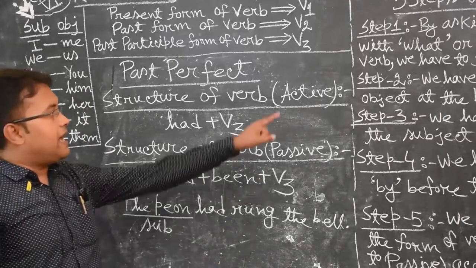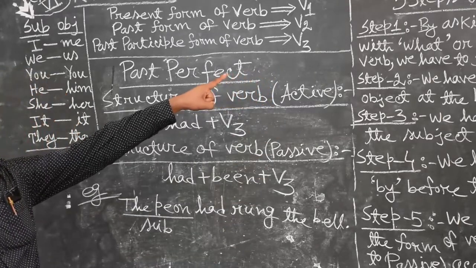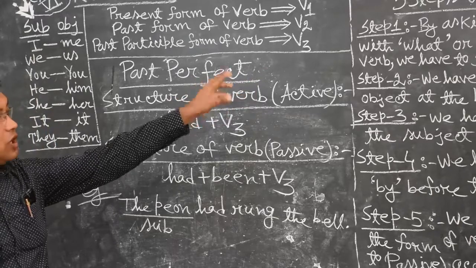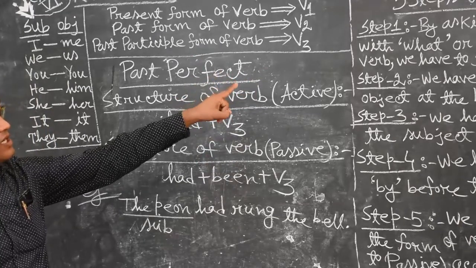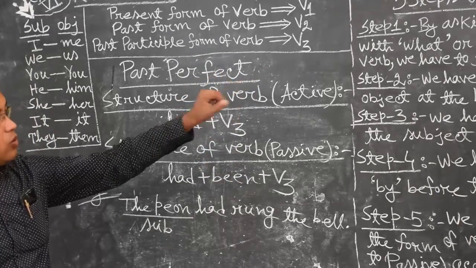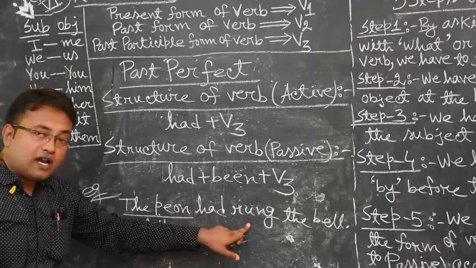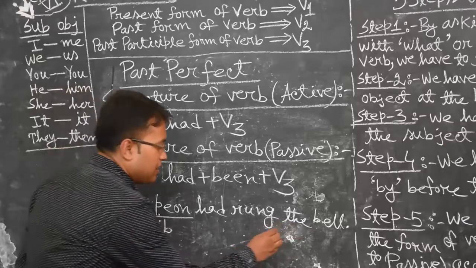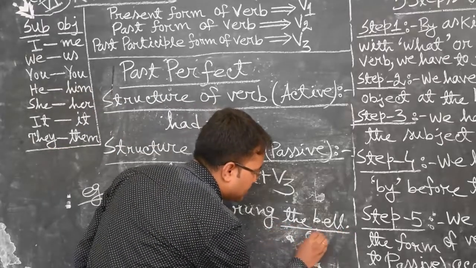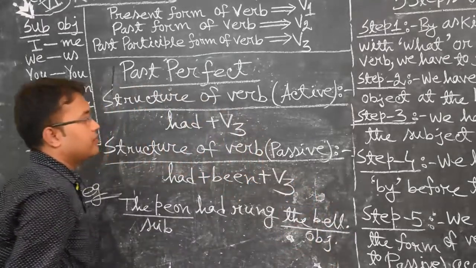Now, according to step 1, we will find the object by asking what or whom to the verb. The peon had rung what? The answer is the bell. So the bell is the object here.